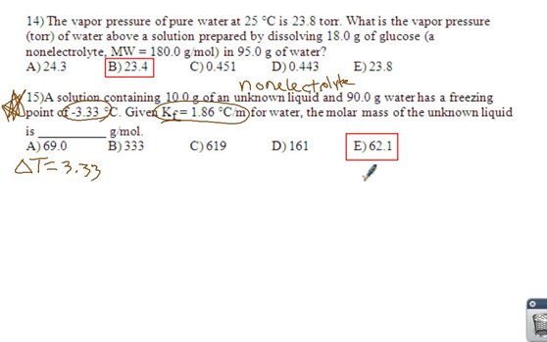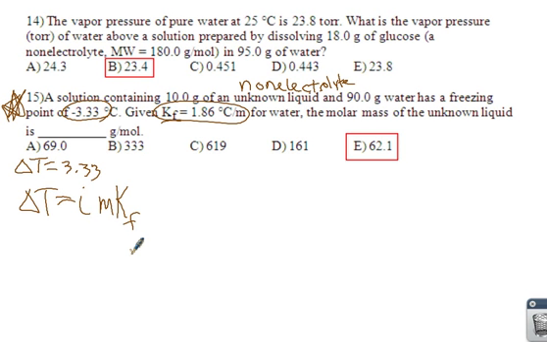So either way you look at it, for the delta T's in either equation, it needs to be a positive value. Because on the other side of the equation, here's the equation, delta T equals i m Kf. Can anything on this side of the equation be negative? No. So this delta T always has to be a positive value. Otherwise, you're destroying matter or something like that.